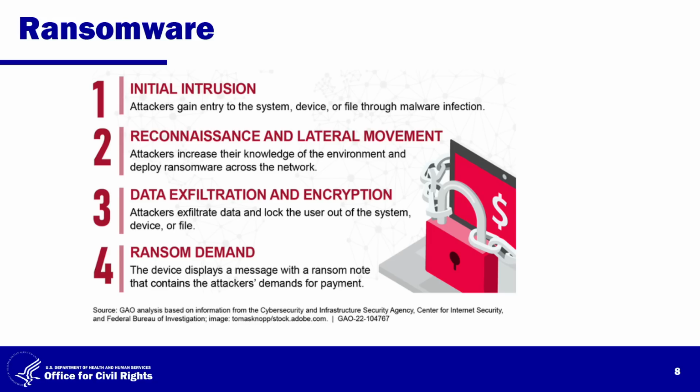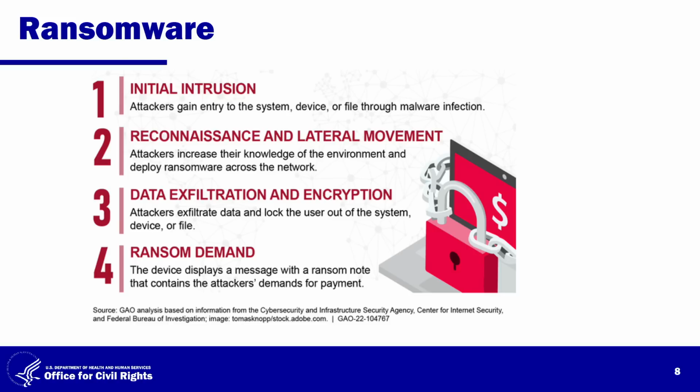This infographic illustrates the steps of a typical ransomware attack. First, the intrusion or infiltration by the attacker, either directly or via malware, followed by lateral movement and reconnaissance, typically looking for vulnerabilities and locations of sensitive data, including PHI.